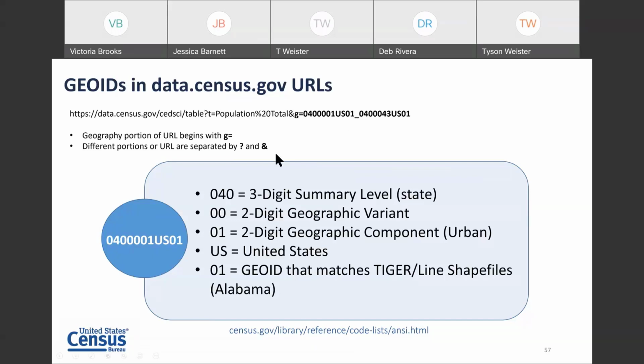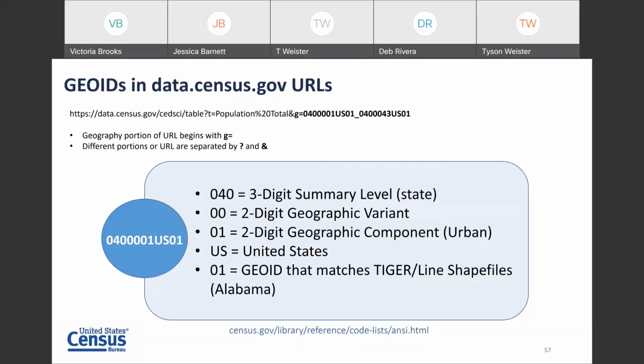Looking at this first GeoID, the first 3 characters is the 3-digit summary level code. The next 2 characters is the geographic variant. 01 refers to the type of geographic component. In this case, 01 means urban. US for United States. And then the last 2 characters is the GeoID FIPS code. For the state of Alabama, it's 01.